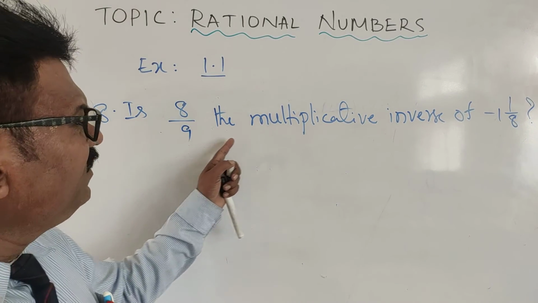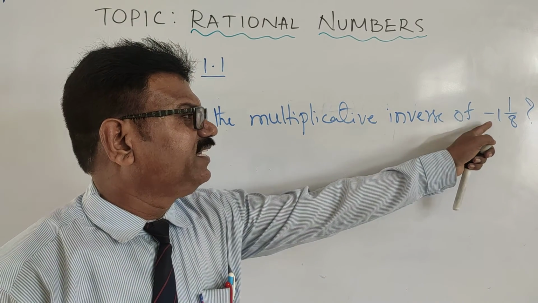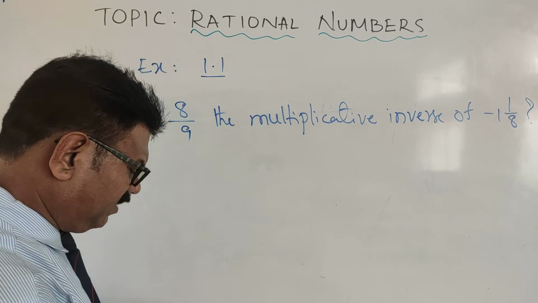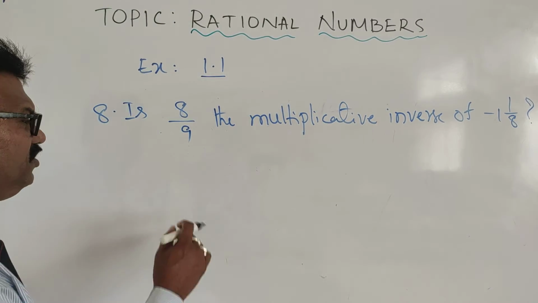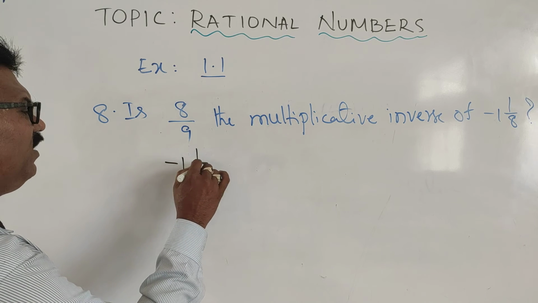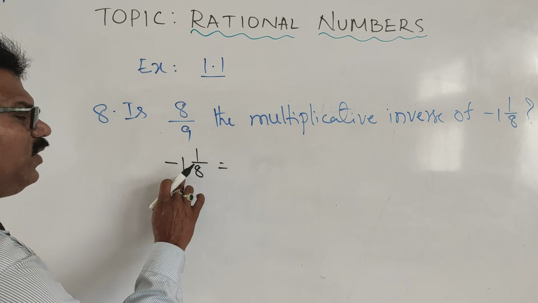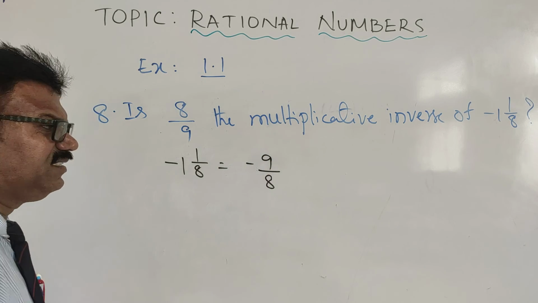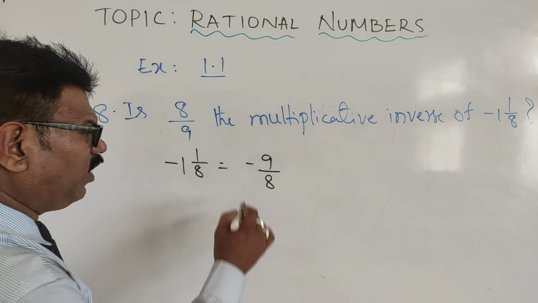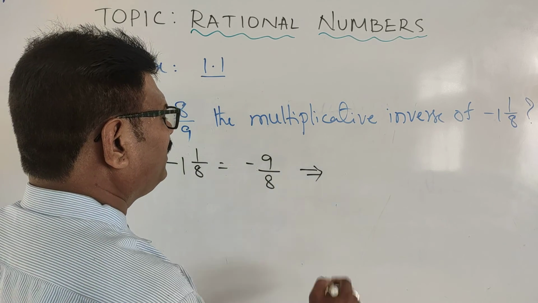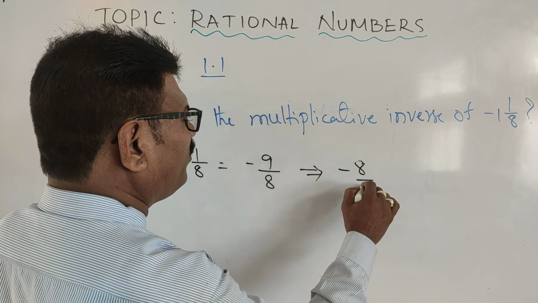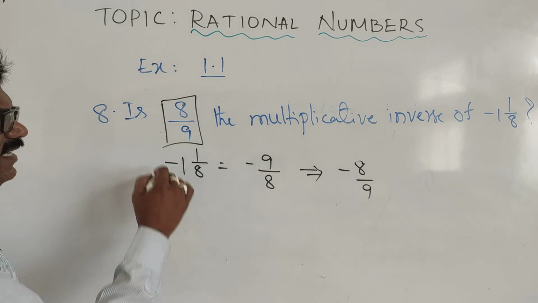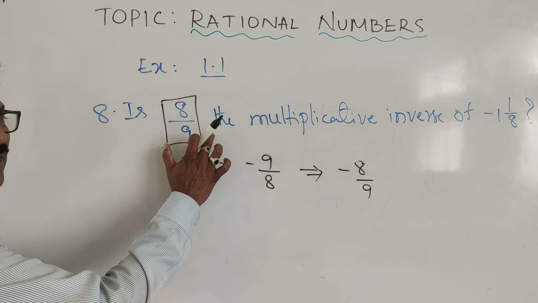So first we should convert it. This is a mixed fraction, we will convert it to an improper fraction. Minus 1 by 8: 8 into 1 is 8, 8 plus 1 is 9. So what is the question? Minus 9 by 8. What is its multiplicative inverse? Yes, minus 8 by 9. But here what is there? Only 8 by 9 is there. Therefore, what have we tried?